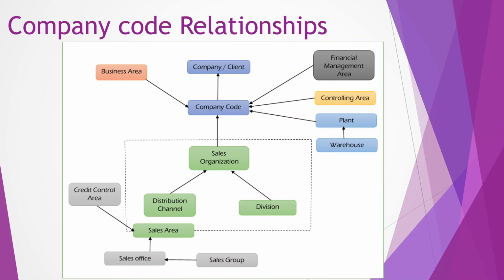There are many more things, but in a single picture probably you cannot cover how many relationships a company code can have with other components in the SAP system. Just some of them are aligned here, like your financial management area, your controlling area, plant, warehouse, sales or business area, company or client, then your credit control area, and likewise. There are so many things. Let's move further.